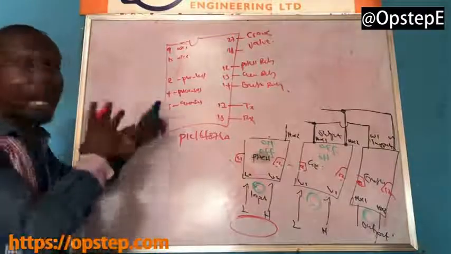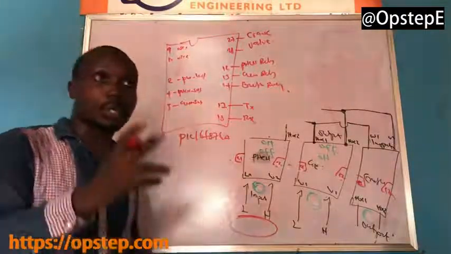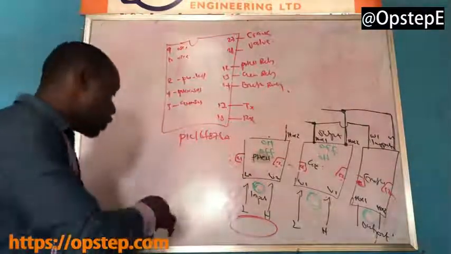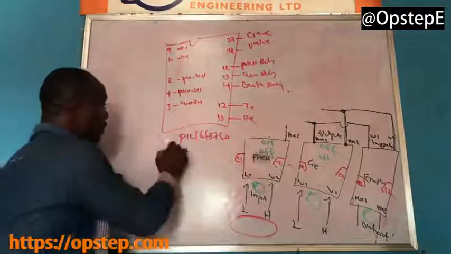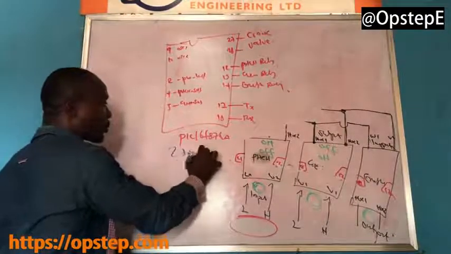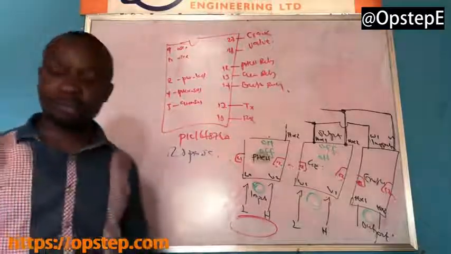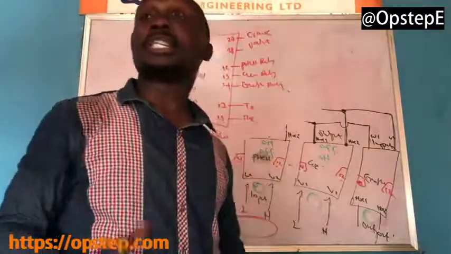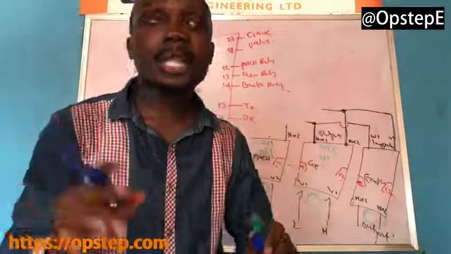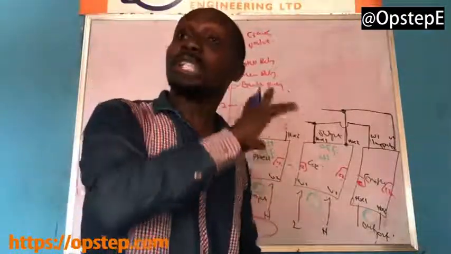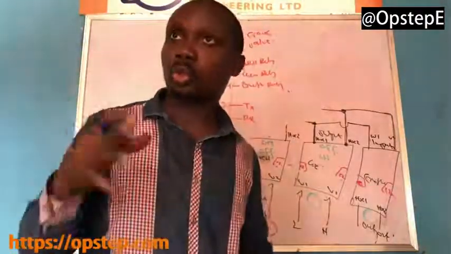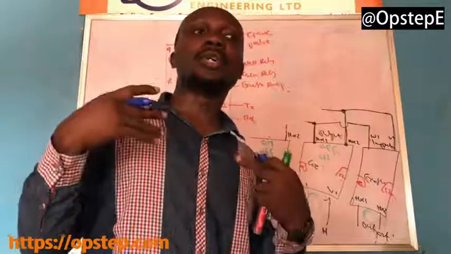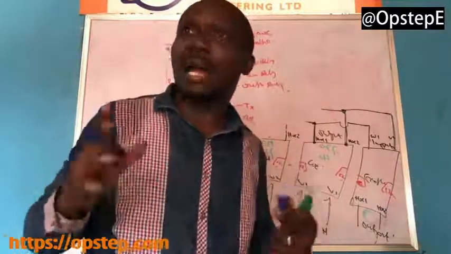So now that I have it down, I'll just continue our explanation. Please look up. The controller that we are using is actually a 28 pin IC. 28 pin IC means it has 28 pins. In those 28 pins, there are some pins that have been used to carry out some very particular action.